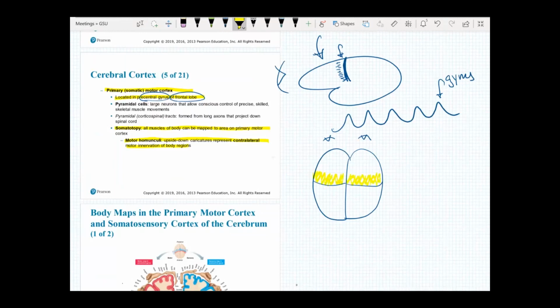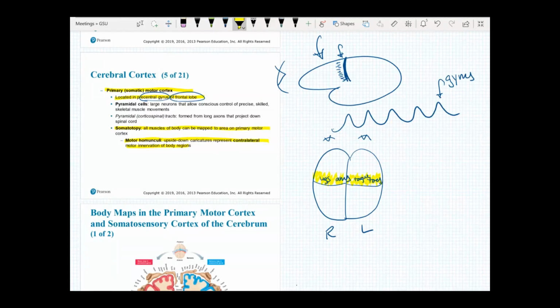Remember, we control the opposite side of the body. This is the right side of my brain, and this is the left side. All the way down this headband-type section, you're going to have specific areas for arms, legs, toes, tongue, that relate to specific areas of our body. That's what this motor homunculus is.